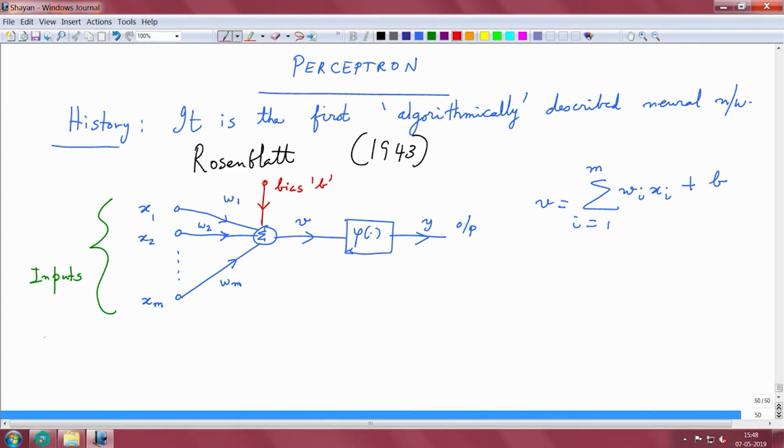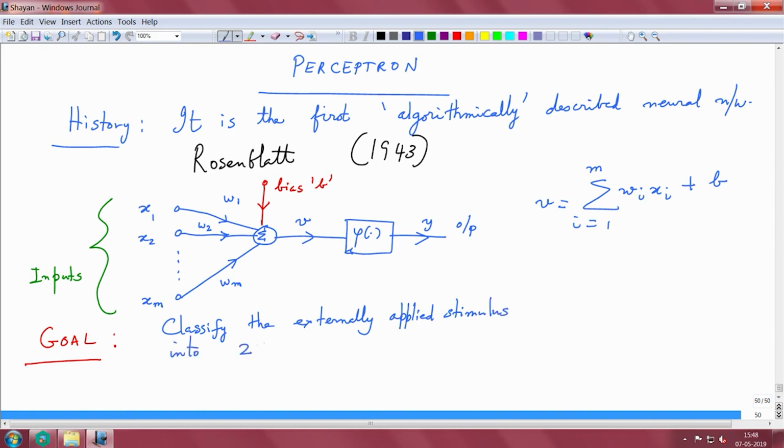Now, what is our goal? Classify the externally applied stimulus into two classes called class C1 and class C2, right.